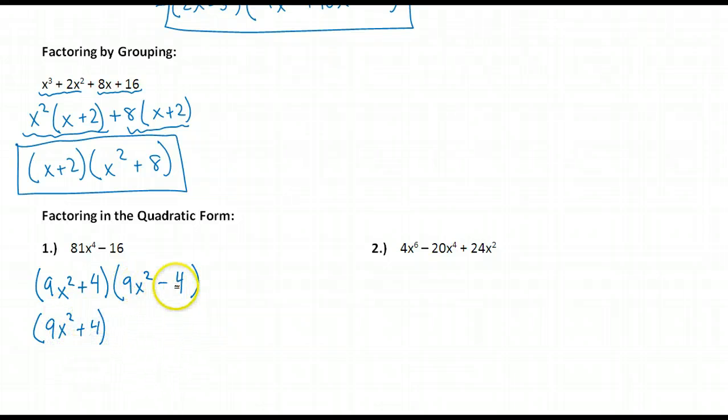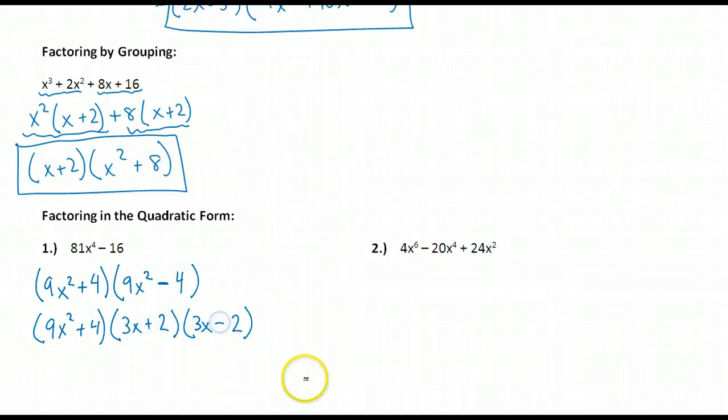But I can factor this quadratic binomial because I have the difference, the subtraction of two squares. Two things that multiply together to give me 9x squared are 3x and 3x. And two things that multiply together to give me 4 are 2 and 2. And to make this negative, I need one positive and one negative.